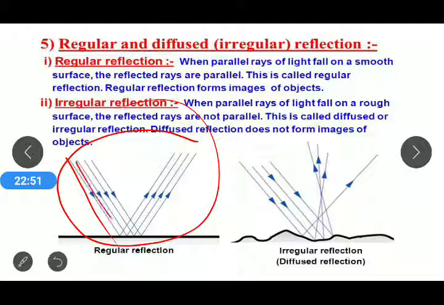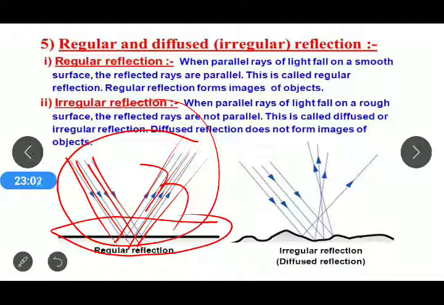That means rays are coming and they are reflected back at the same angle, and the surface is polished. In irregular or diffuse reflection, they do not have a polished surface, they have uneven or irregular surfaces.